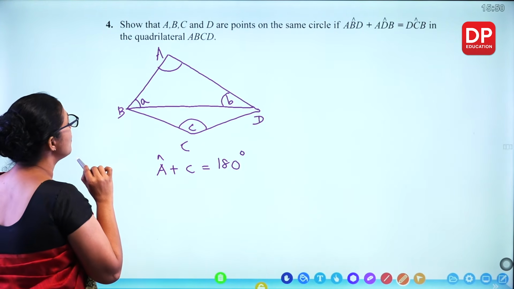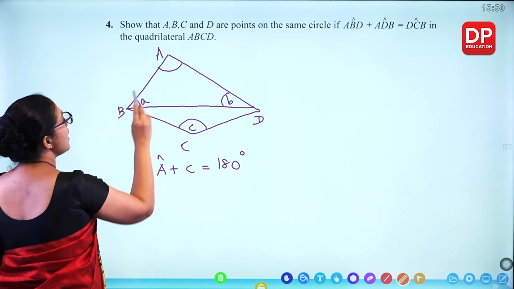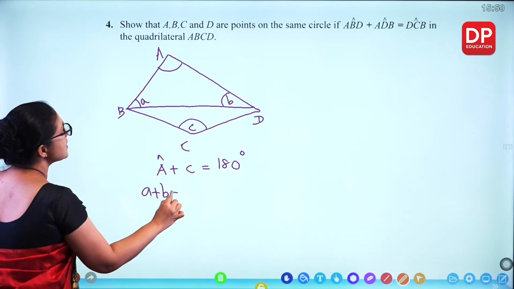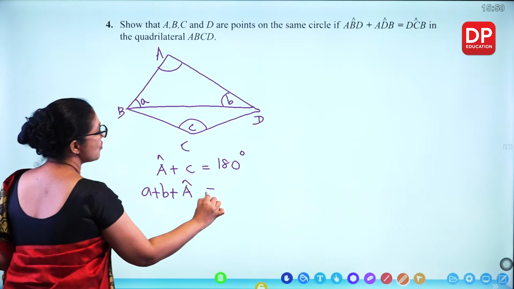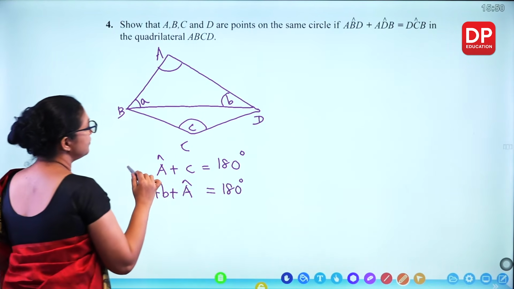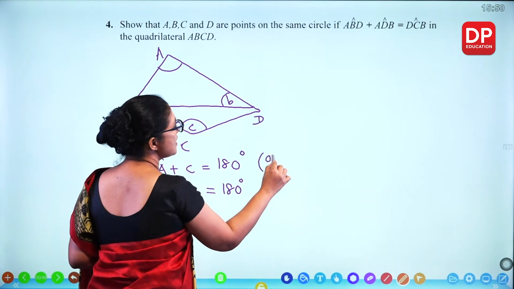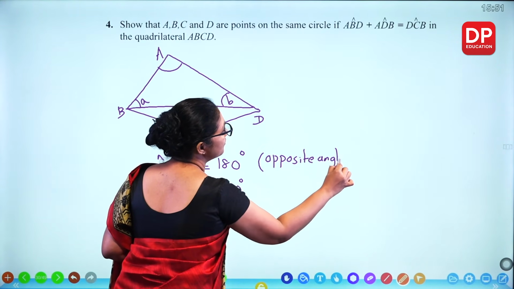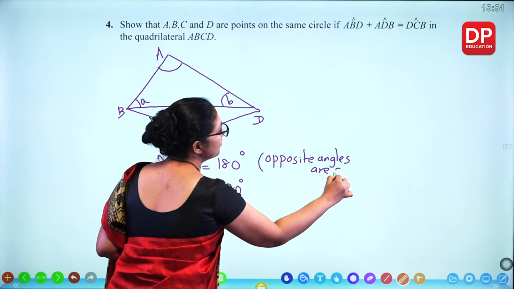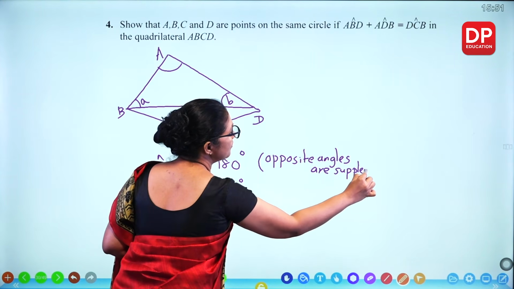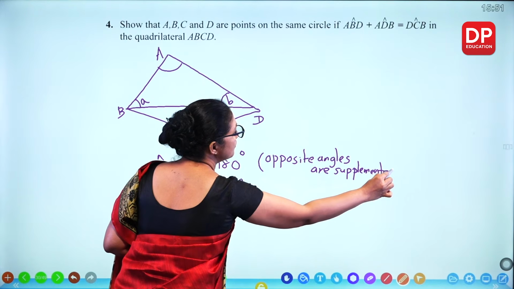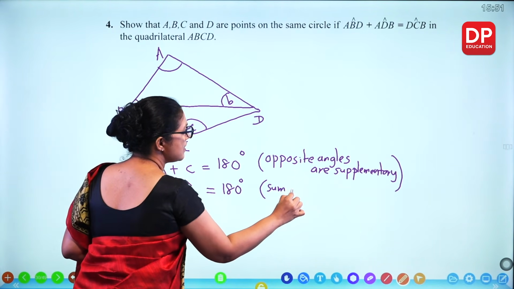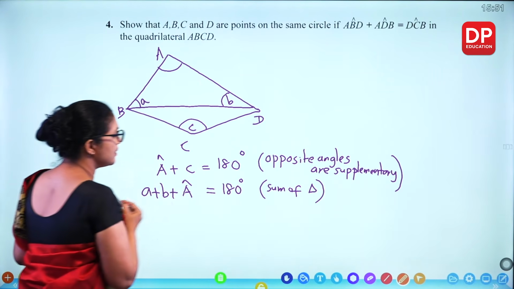But we know A plus B plus A angle is also 180. So we can write this is opposite angles are supplementary. And this is sum of angles in a triangle.